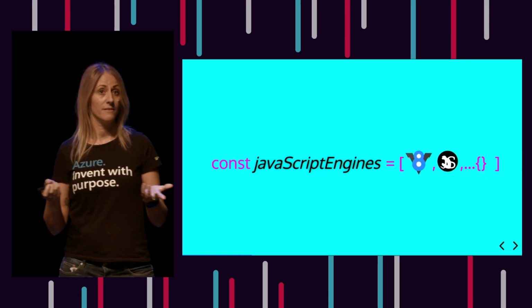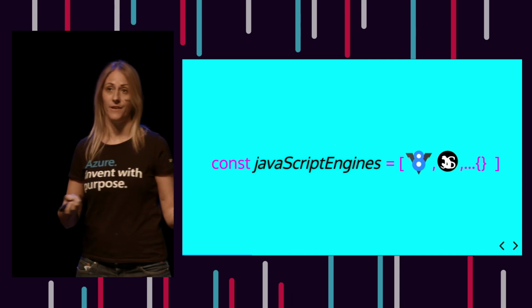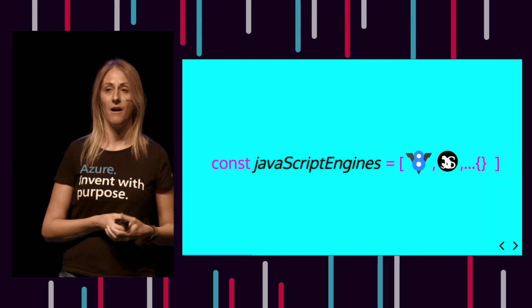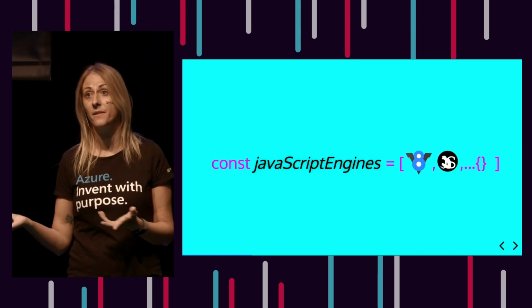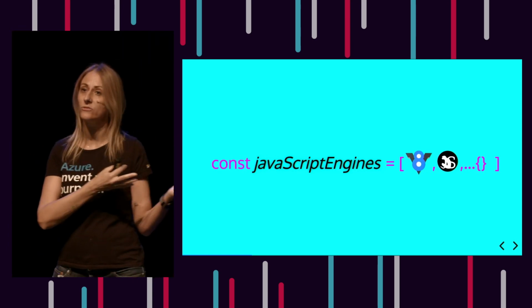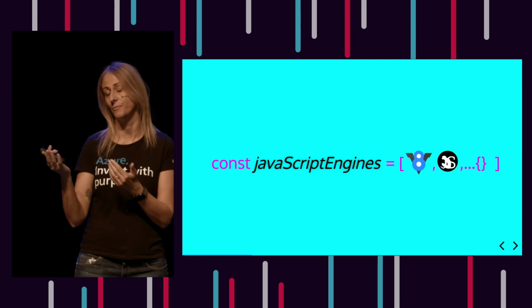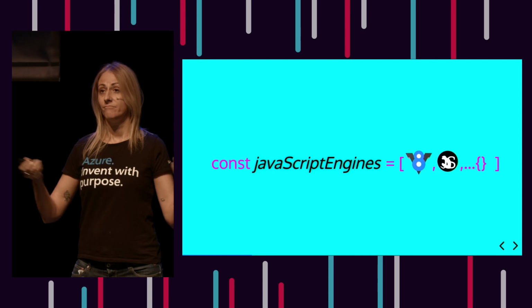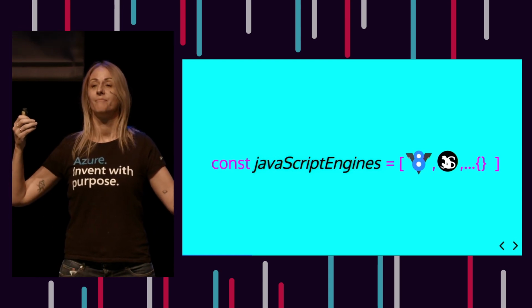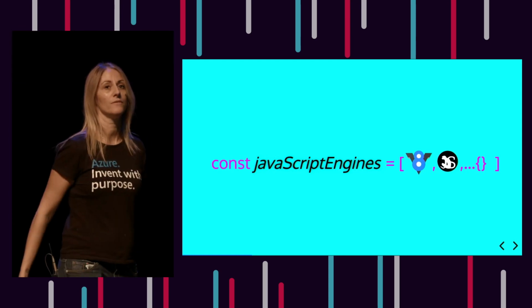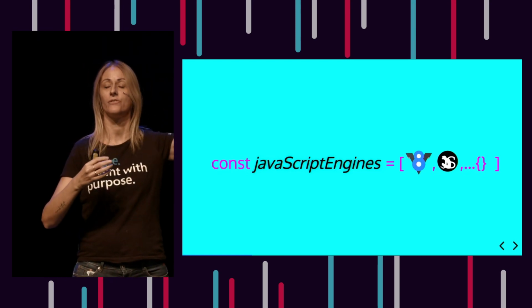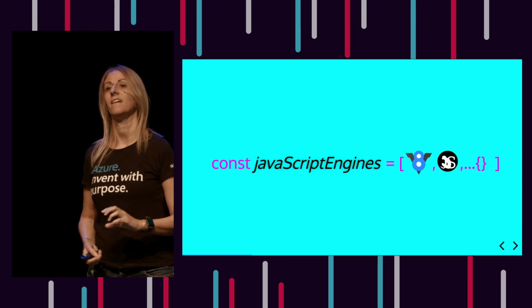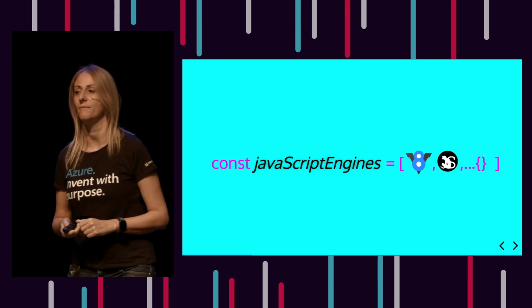What are those JavaScript engines? You probably are very familiar with V8, Chrome, Chromium. Also, maybe you've heard of SpiderMonkey. SpiderMonkey is the analog to V8, but for Mozilla browsers. There are more. And those are the tools responsible for taking your JavaScript into that flow, so you can get the binary code.